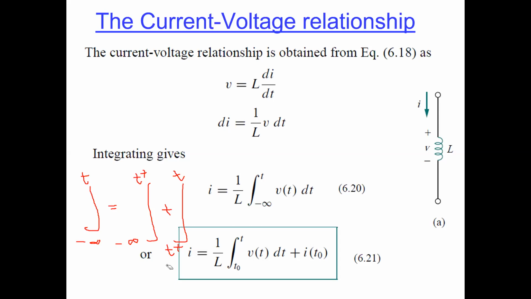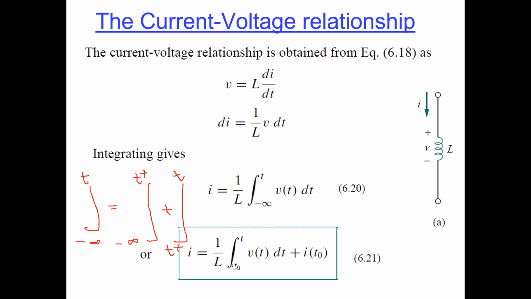Just before 0 means t minus, and just after 0 means t plus, and the current of the inductor just before 0 and just after 0 is the same. Hence, we can put 0 over here instead of t naught to find the overall current through the inductor.